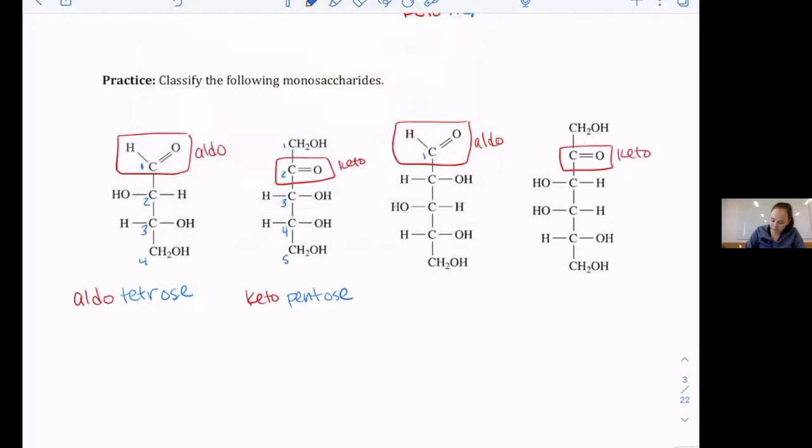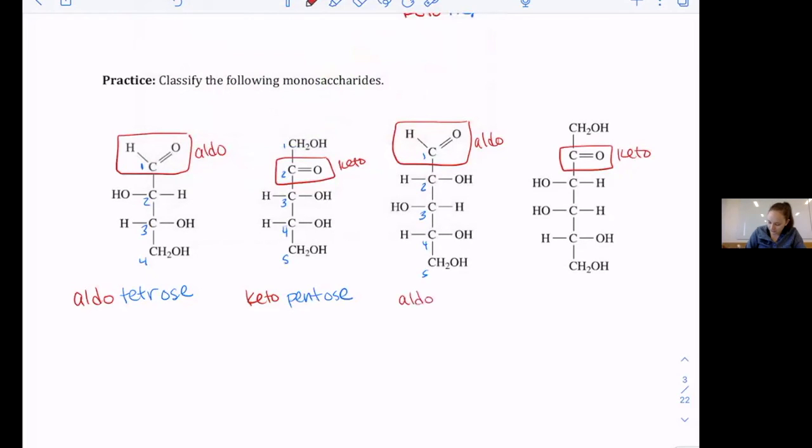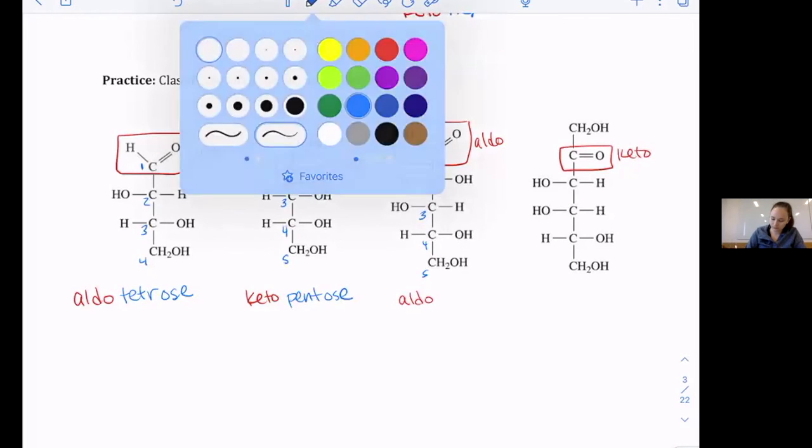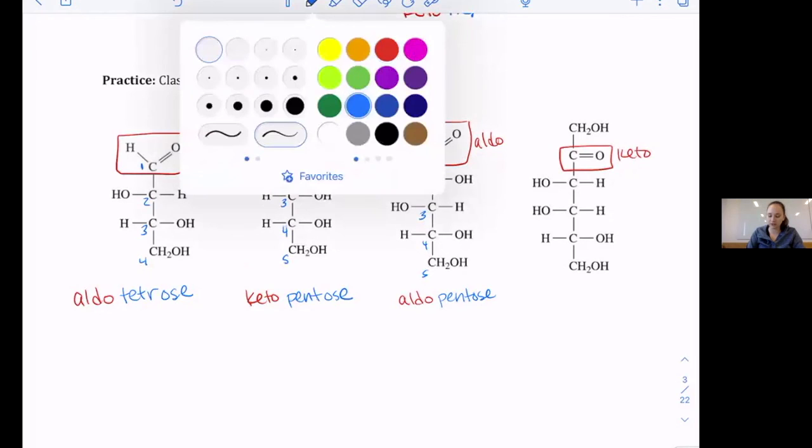So we have 1, 2, 3, 4, 5 again. So we'll have an aldopentose. Again, we have an aldehyde functional group at our carbonyl position, and then we have 5 carbons, so pent, and then ose showing it's a sugar.